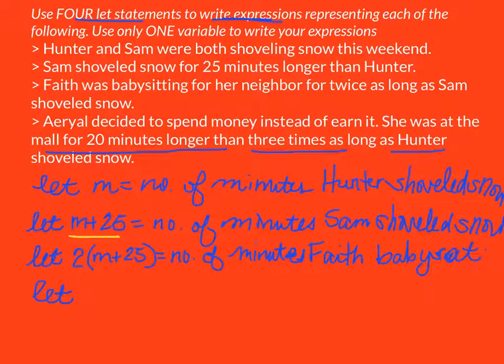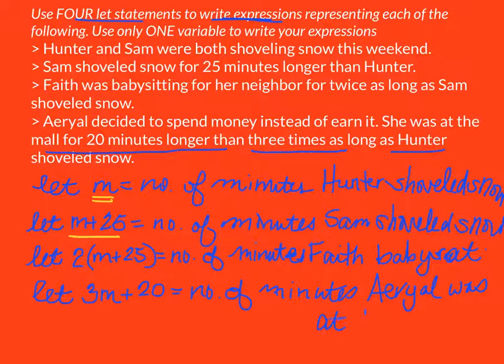So we know that Hunter shoveled for M minutes, 3 times that, so it's 3M. And then 20 minutes more, so it's 3M plus 20. That equals the number of minutes Ariel was at the mall.